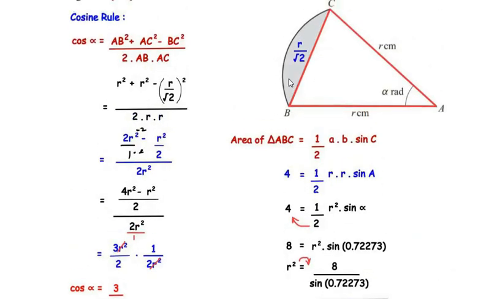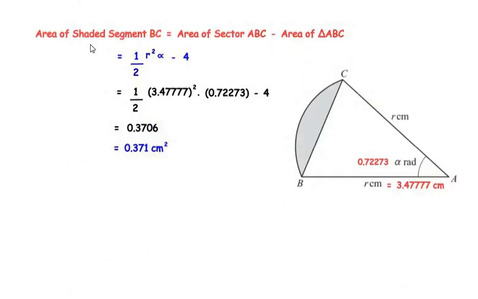Now once we have got the value of alpha and the radius, let us find out the area of the shaded region. So here we have written area of the shaded segment BC is equal to area of the sector ABC minus area of the triangle ABC. Now area of sector is given by the formula 1/2 times r square times the central angle theta, which is alpha in this case, minus the area of the triangle, which was given to us as 4.